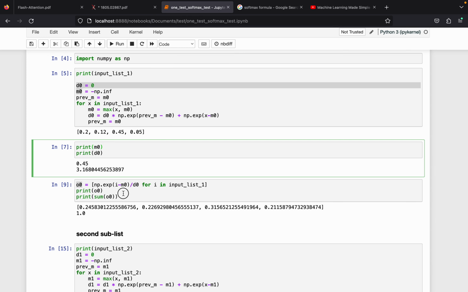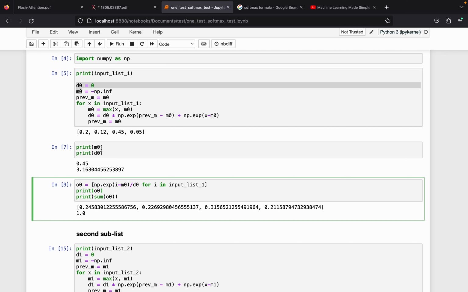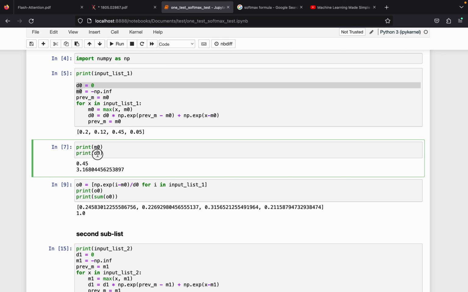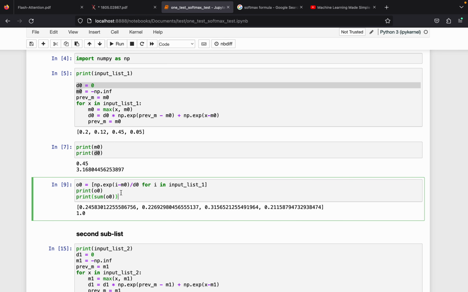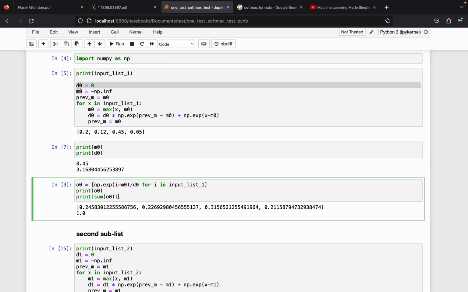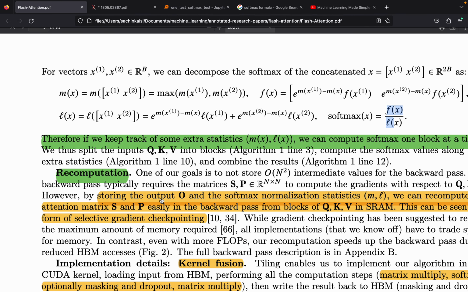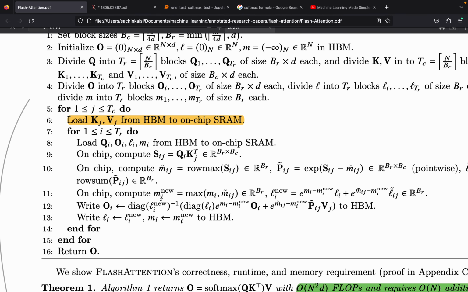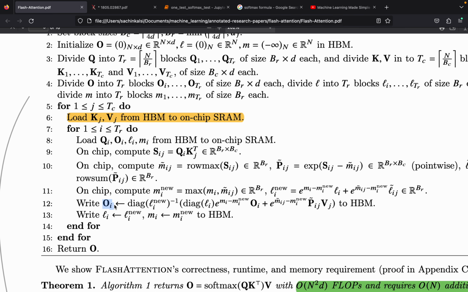So now this is where the second for loop comes in. We are making use of M0 and D0, basically the maximum and denominator, to calculate this. Then summing it up, obviously it has to equal 1. Now taking a couple of steps back, if you want to map it back to the FlashAttention algorithm, we have the O here, right?